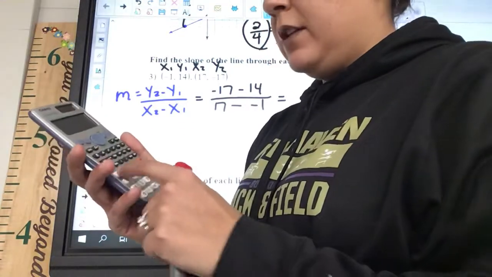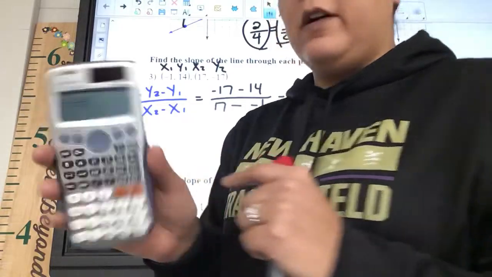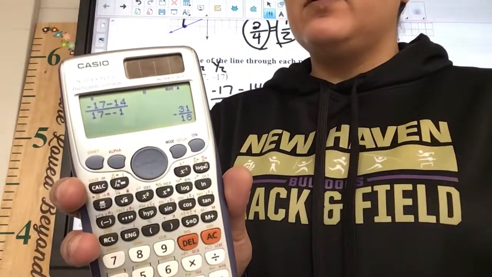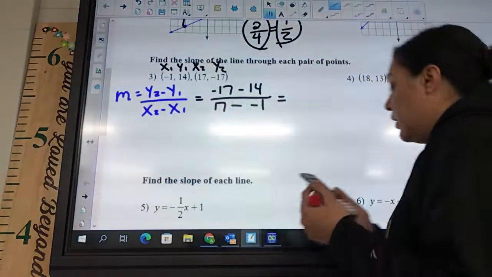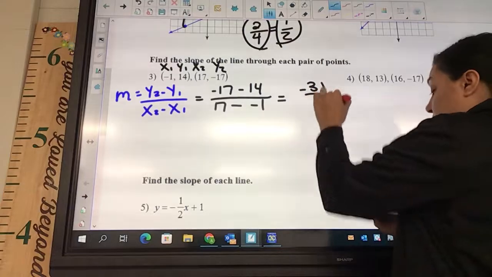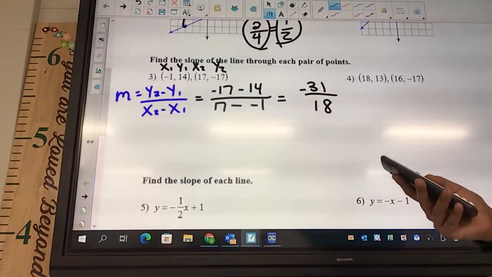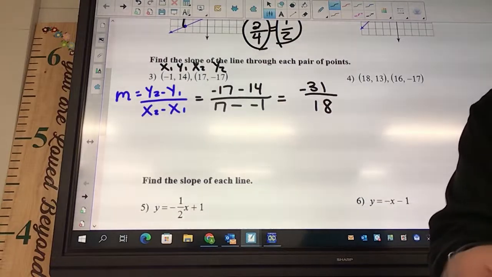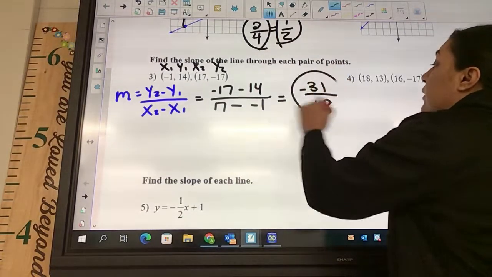On the bottom, you're going to get 17 minus negative 1. We can hit equals, and it already reduces the fraction for you if it needs reduced. So you're going to get negative 31 over 18, and so we found the slope.